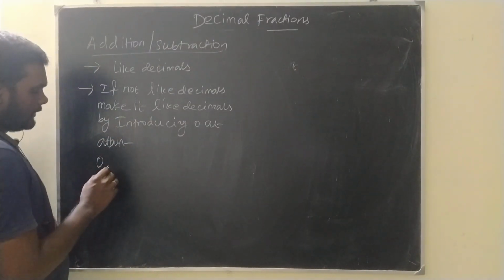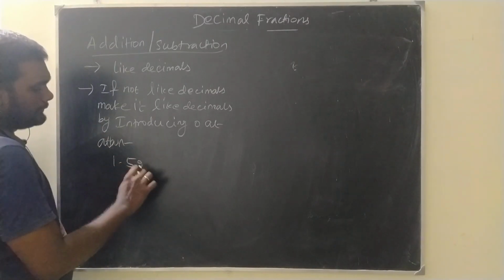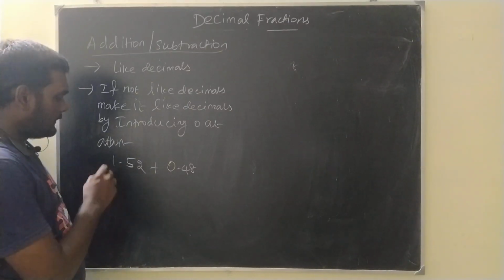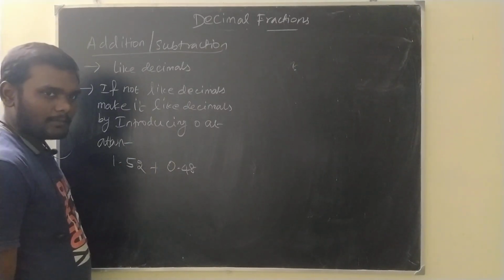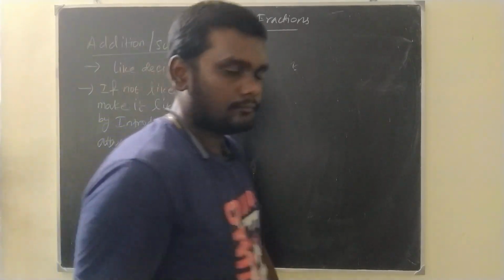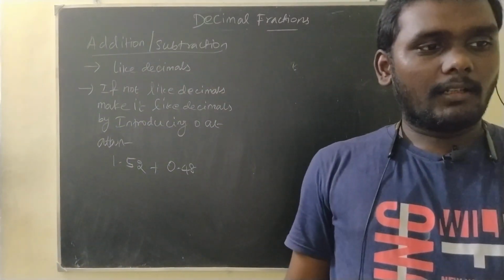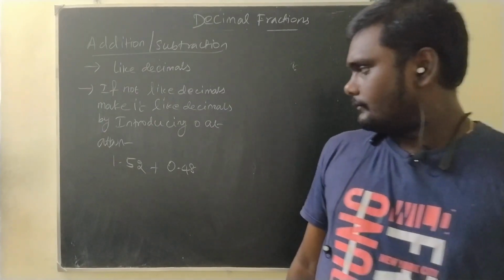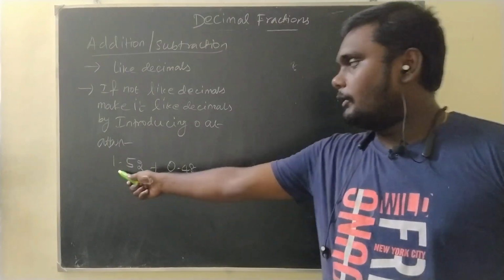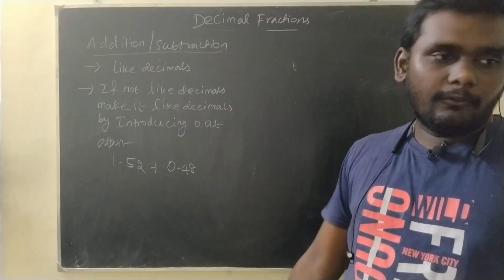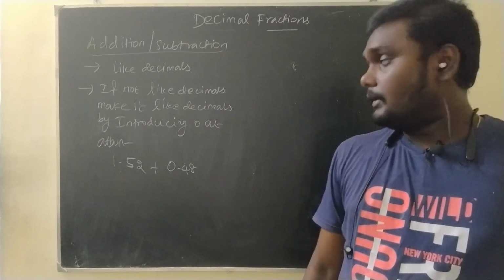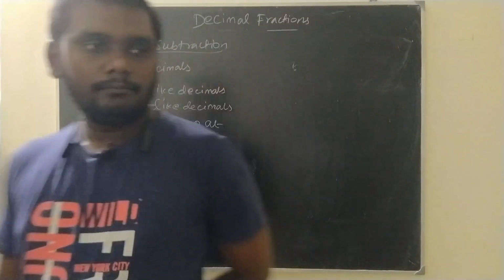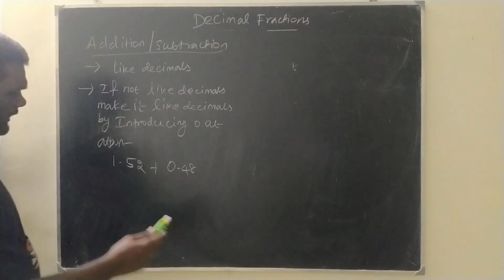See, 1.52 plus 0.48. If we like to add, whether they are like decimals or unlike decimals? Is it like decimal or not? This 1.52 plus 0.48 I am adding. These two are like decimals, so we can add.